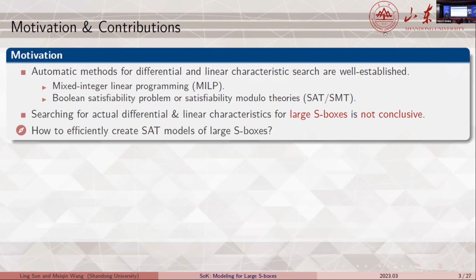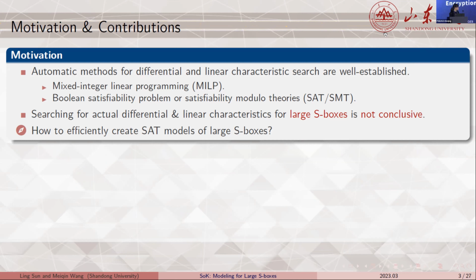After more than a decade of development, automatic methods for differential and linear characteristic search are well established. The methods based on MILP and SAT or SMT are two of the most popular. However, for both of these methods, searching for actual differential and linear characteristics for large S boxes is not conclusive.